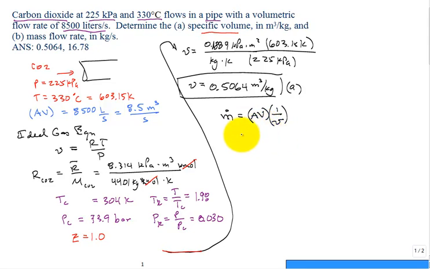So we just have our volumetric flow rate, 8.5 meter cubed per second, divided by the answer for part A, 0.5064 meter cubed per kilogram. The meter cubes go, and we are left with mass flow rate coming in at 16.79 kilograms per second.